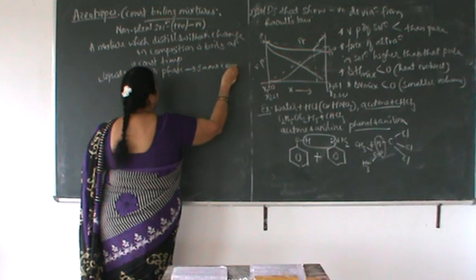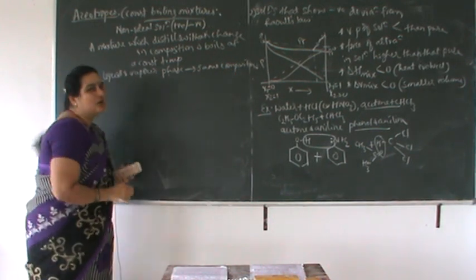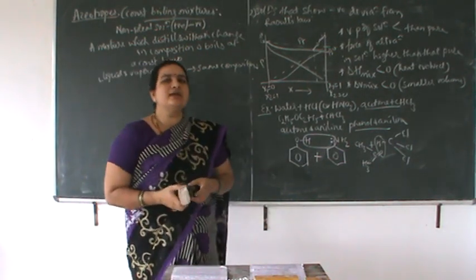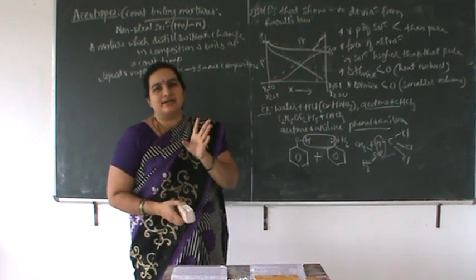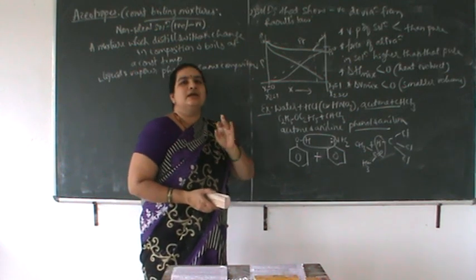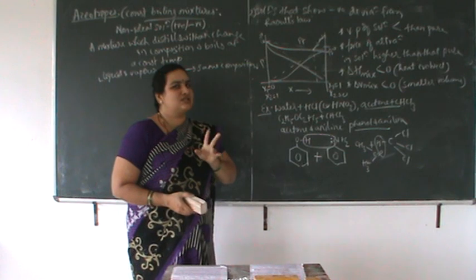These types of solutions are called azeotropes or constant boiling mixtures. That is, when non-ideal solutions, with positive or negative deviations, are subjected to fractional distillation, it is not possible to separate the two components by fractional distillation.